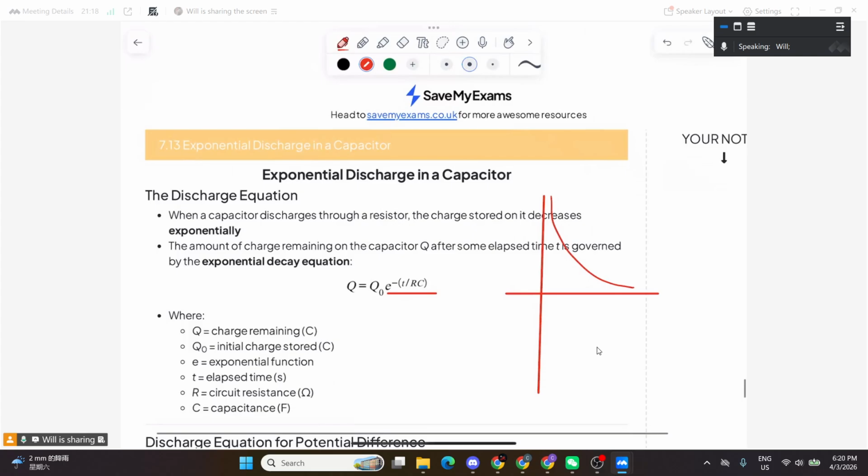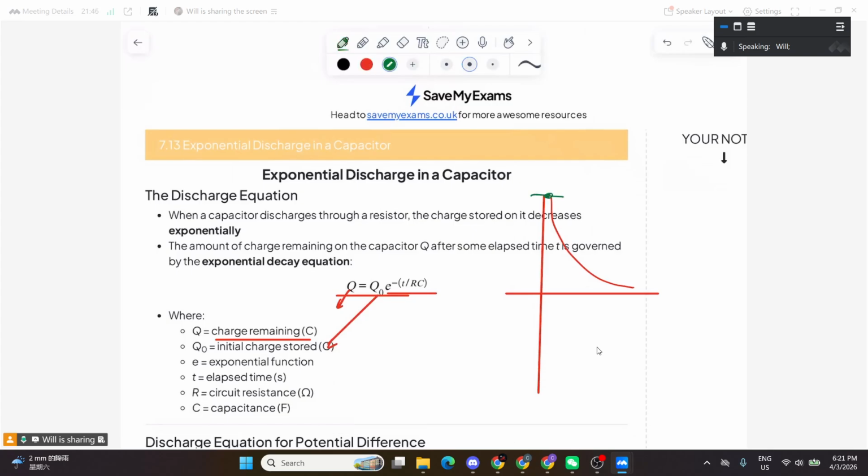First, we mention the charge quantity. Look at the formula. The Q on the left means the remaining charge, the charge at that moment. And Q delta is the initial value, at the beginning.